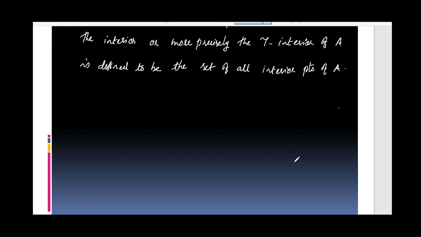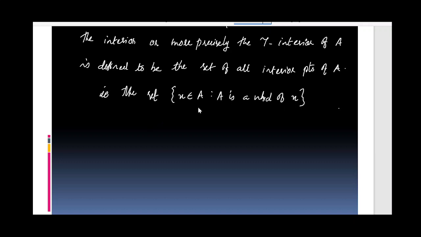That is, we can write this as the set of all x belonging to A such that A is a neighborhood of x. So the set of all x belongs to A such that A is a neighborhood of x.